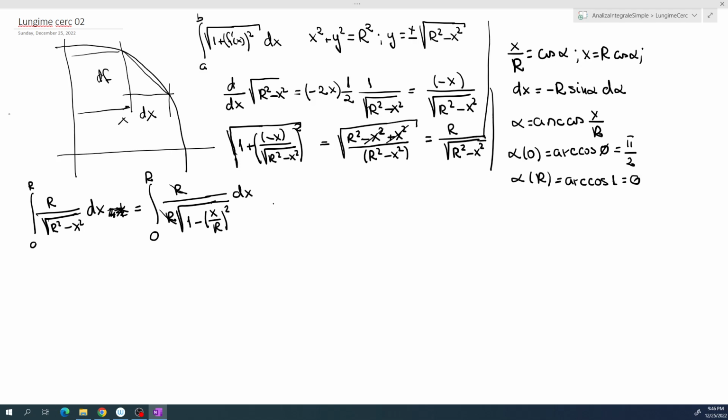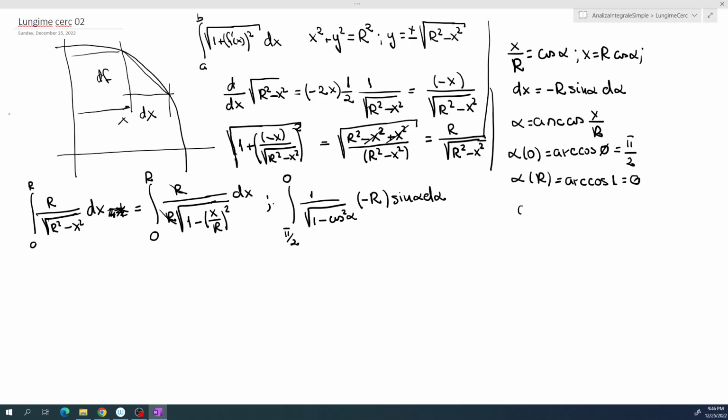And then I have the following equivalent integral: integral from pi over 2 to 0 of 1 over the square root of 1 minus cosine squared of alpha, times minus r sine of alpha d alpha.